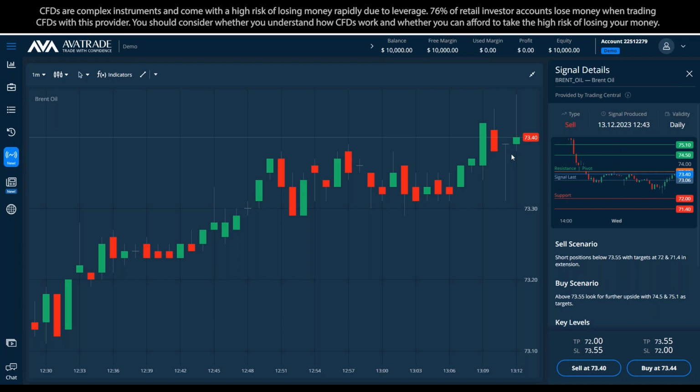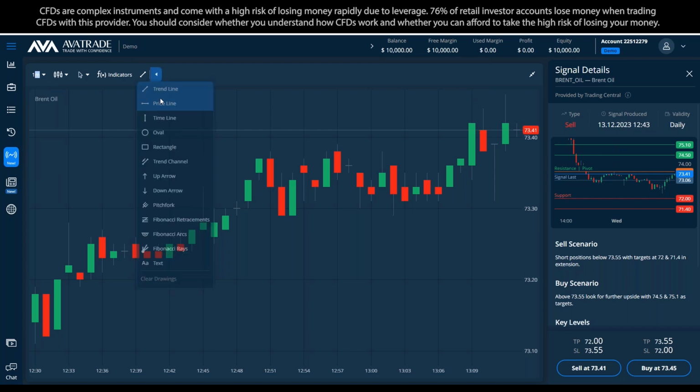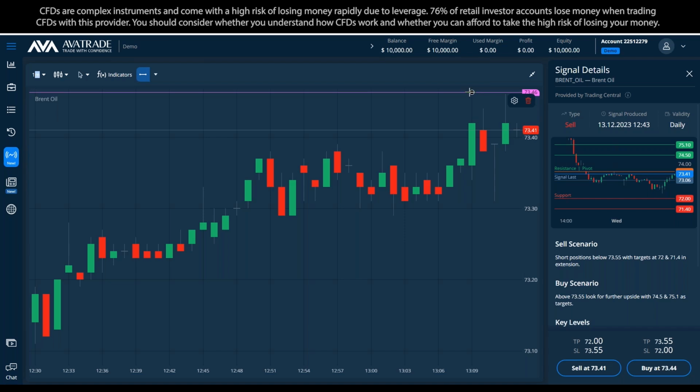Before I carry on, just to sharpen something quickly, you see that the validity here is daily, and the time frame that we're looking at is different. I knew it because I can't see anything farther than probably 73.5.